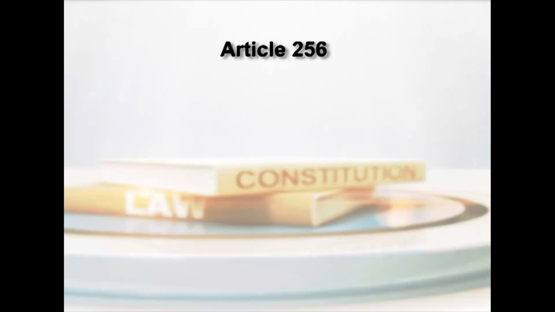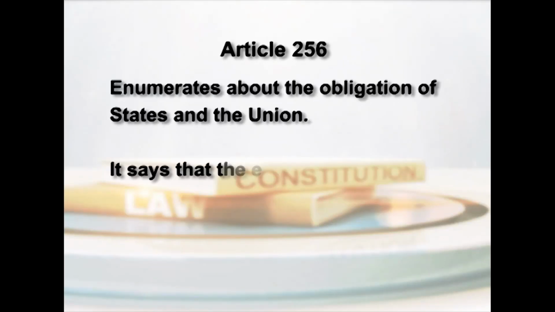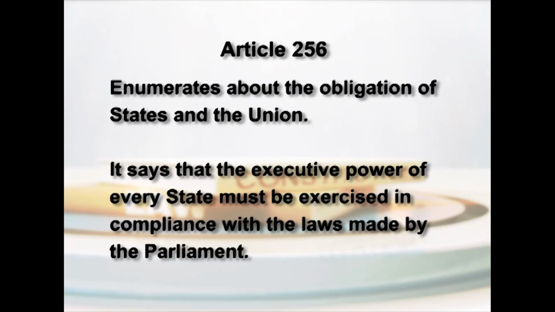Now, this much was okay. There was a proper allocation of power, maybe uneven, but there was at least an allocation of power. But if we look at Article 256, what it says, it enumerates the obligation of states and the Union.